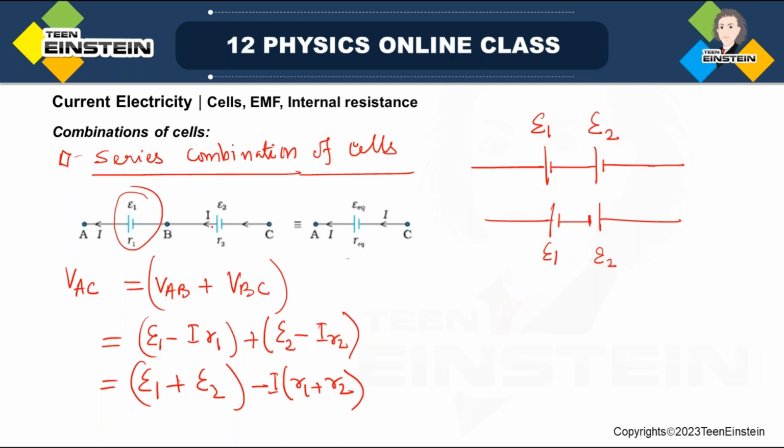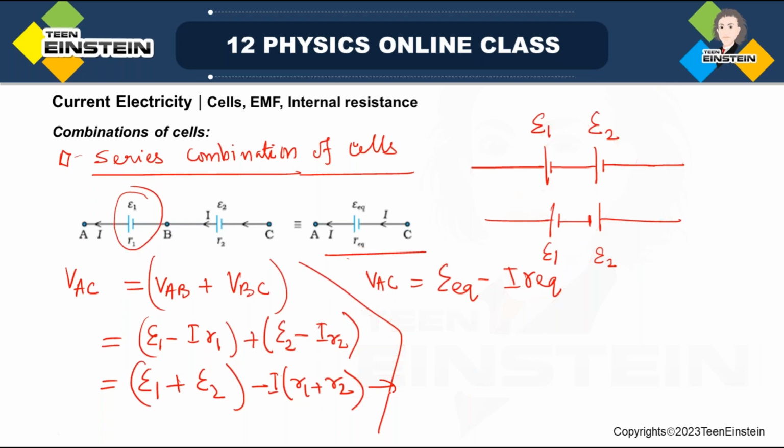Suppose I draw an equivalent circuit for this particular series combination. For the same current and the same potential difference VAC, I can write E equivalent minus I R equivalent.